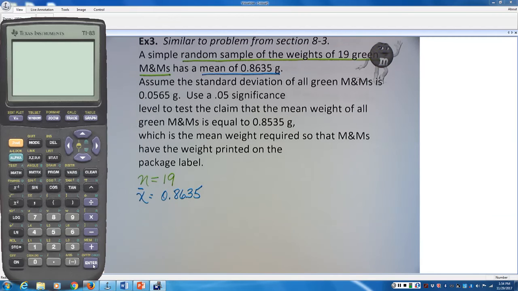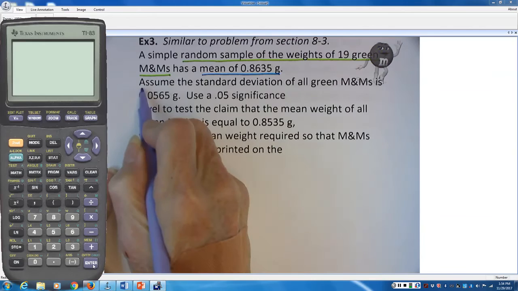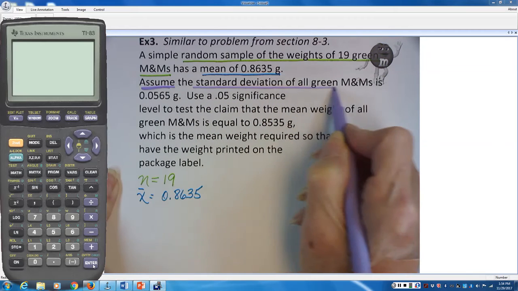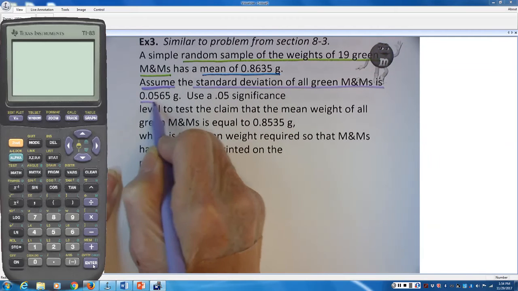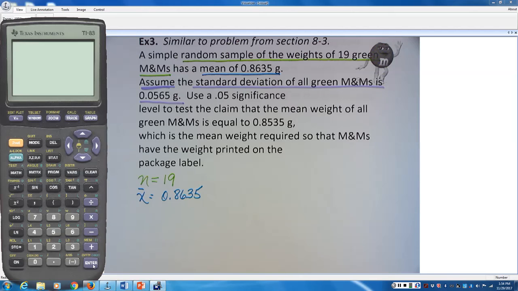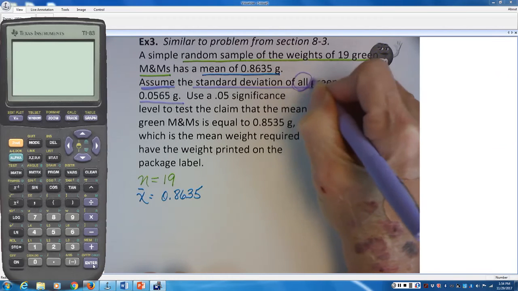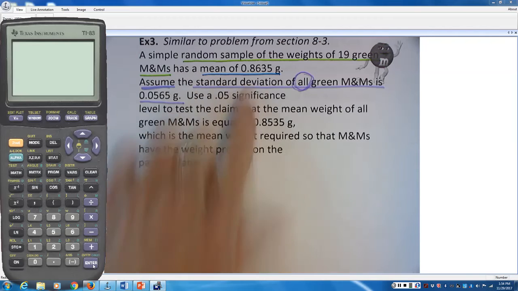Then we get an assumption. It says, assume that the standard deviation of all green M&Ms is 0.0565 grams. What is 0.0565 grams? This is the deviation. It says it's standard deviation.